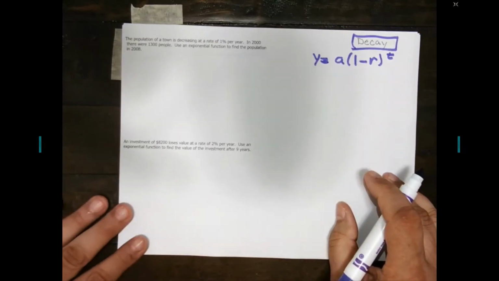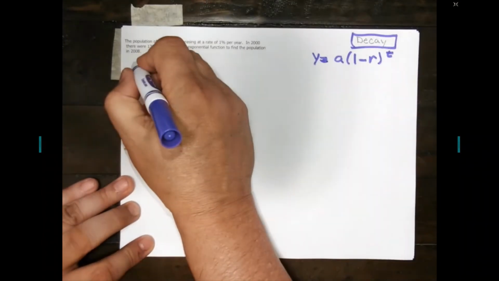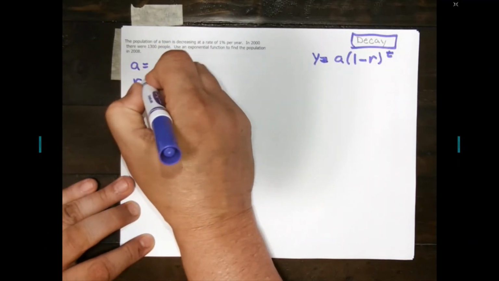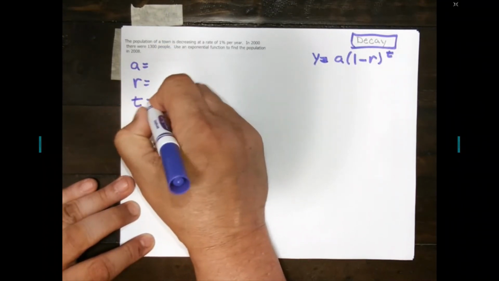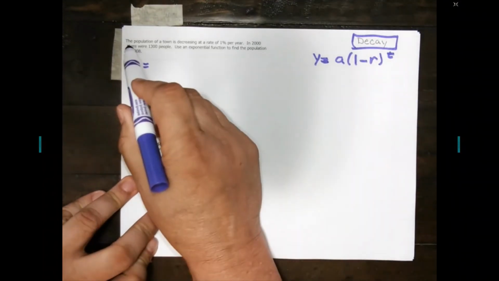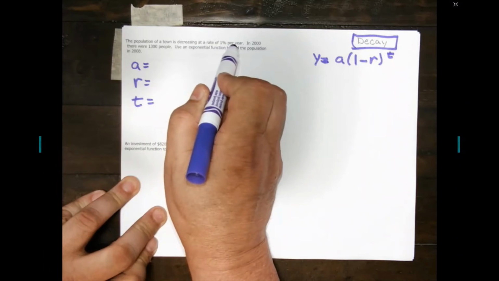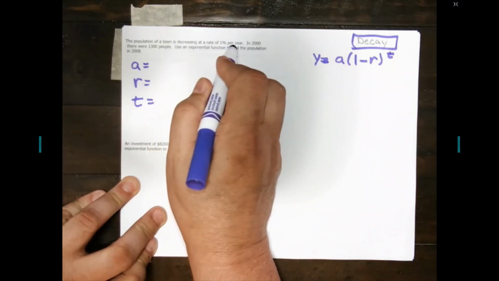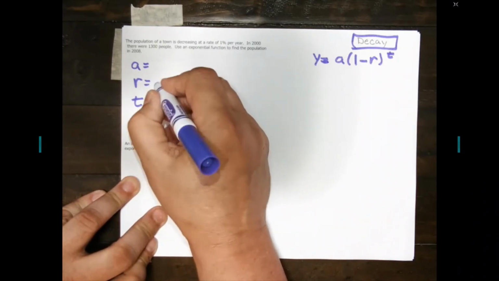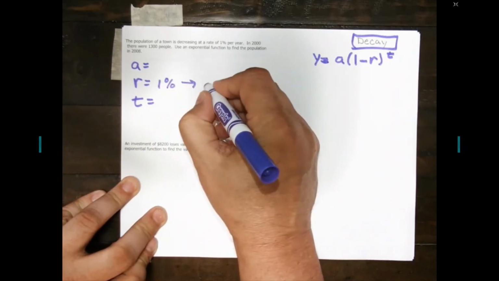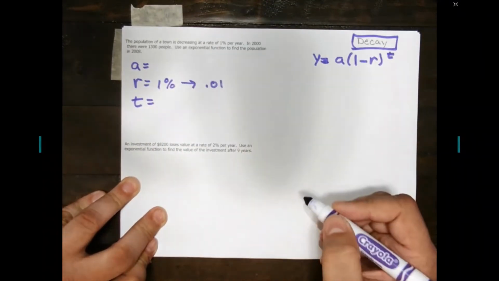So it's decreasing. So we need to know an A, we need to know an R, and we need to know T for time. Okay, so let's read the question. The population of the town is decreasing at a rate of 1% per year. So our rate is 1%, or we have to put that in decimal. It's going to be 0.01.